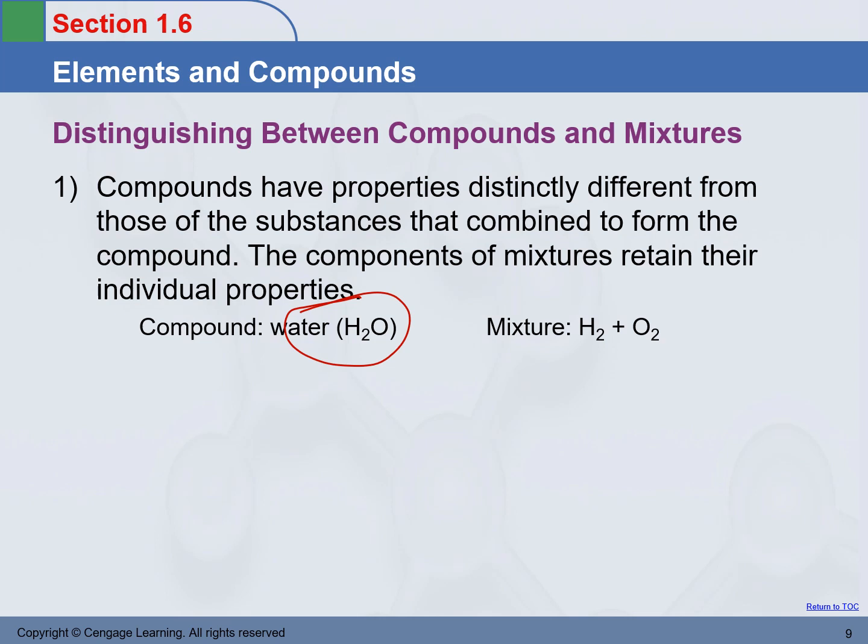Well, talking about a mixture, in the mixture of hydrogen and oxygen, either hydrogen or oxygen will behave as itself. It retains its own property. It has nothing to do with whether the other component is there or not.